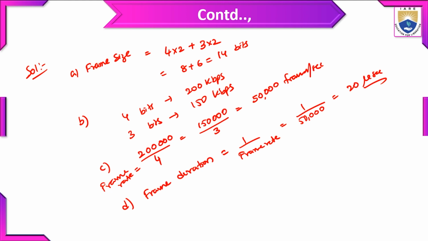And the last one is the output bit rate. Here we are going to calculate the output data rate, that is, how much data is flowing. So 2 into 200 plus 2 into 150.